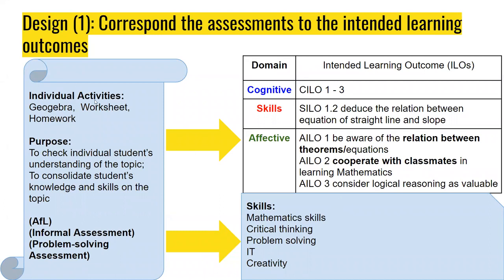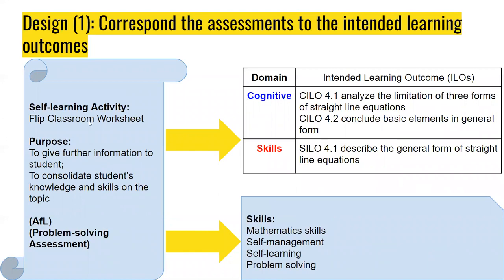About the individual activities, same thing. This is the purpose: the qualitative and skills and also affective domain for the first 3 lessons, and the generic skills that EDB requires are listed below. Here, we are trying to focus on creativity, IT, and also critical thinking.